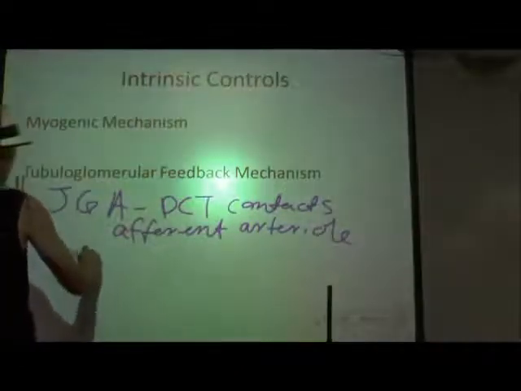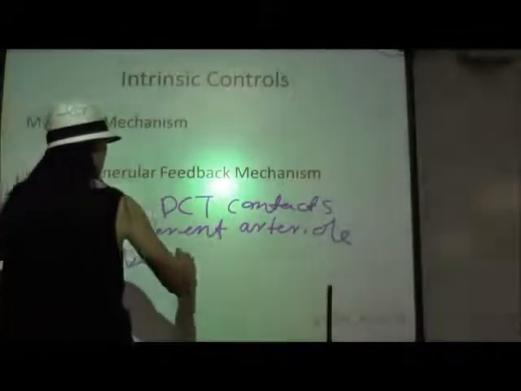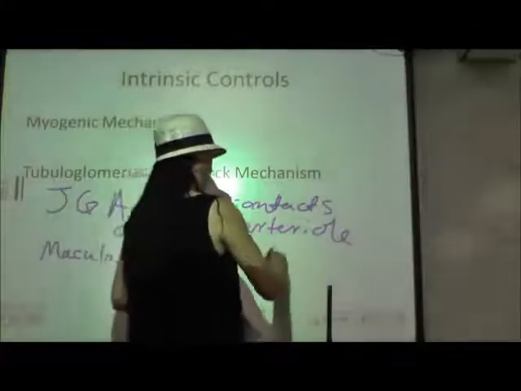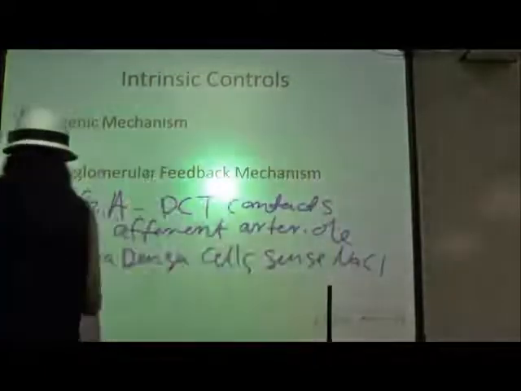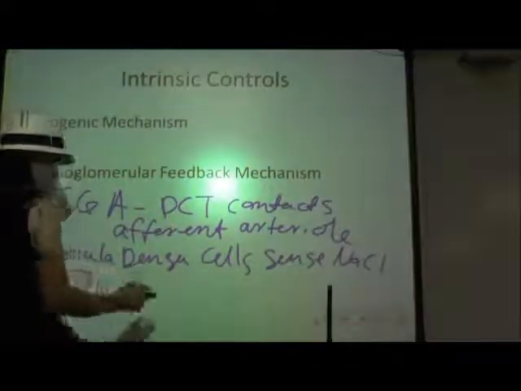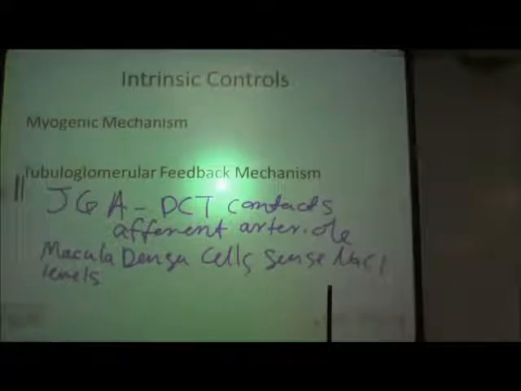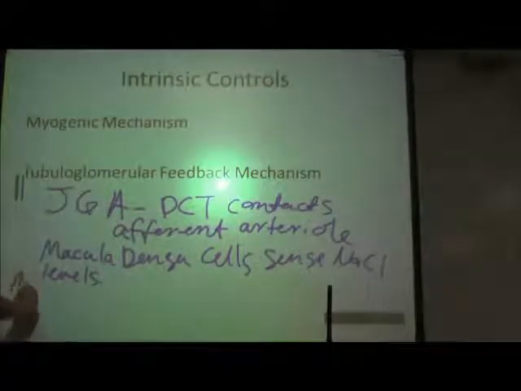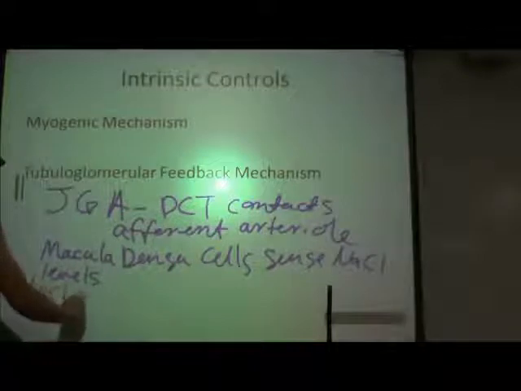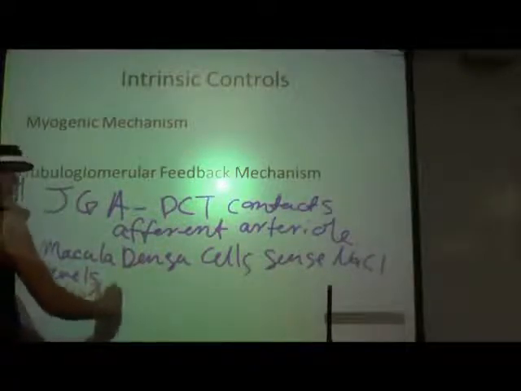So our macula densa cells are sensing sodium chloride levels. And if you've got a lot of sodium chloride in the filtrate passing through, then that's indicative that you're doing a lot of filtration. But we don't want to be doing a lot of filtration on a moment-to-moment basis. We want to do a normal amount of filtration. So if we have high sodium chloride, then this is saying that we have high GFR.